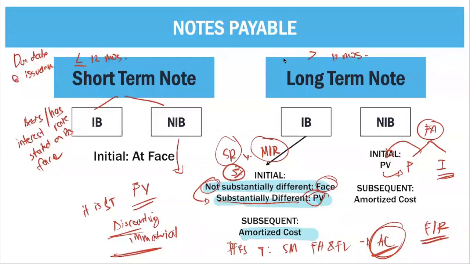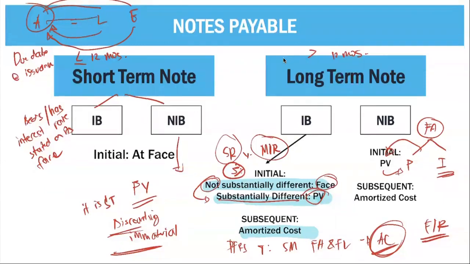The asset of one entity is the liability or equity of the other entity, as you have learned before in your basic accounting equation. So whatever the notes receivable is measured at in your asset can also be the amount of your liability as to your notes payable. So the same rules.